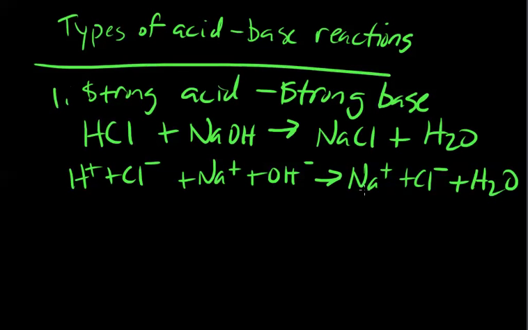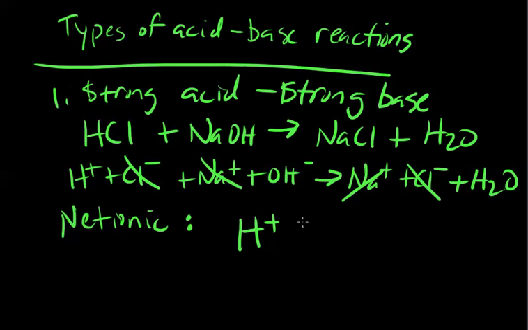So if we mark out our spectator ions, we're going to get rid of the sodiums, we're going to get rid of the chlorides, and so for our net ionic equation, what we're going to be left with is hydrogen ions plus hydroxide ions produce water.